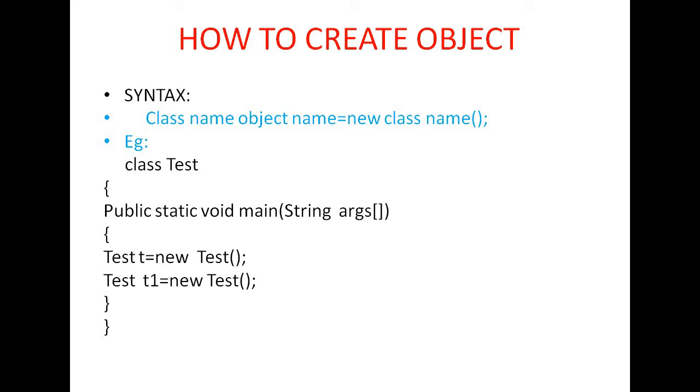So, how to create objects in Java? The syntax is class name object name equal to new class name. First I am writing the class name, then after I am writing the object name. Object name is any valid Java identifier.